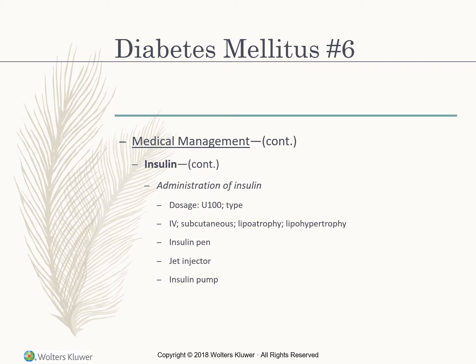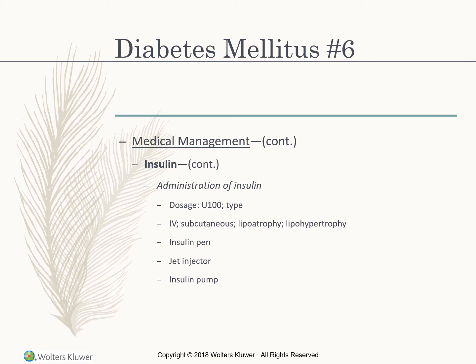There's also an insulin pump, and this is a means for delivering insulin by continuous infusion. The device has three components: pump, tubing, and a needle. The pump itself contains a reservoir for rapid-acting or short-acting insulin, a battery-operated infuser, and a computer chip that enables a person to regulate continuous bolus doses.